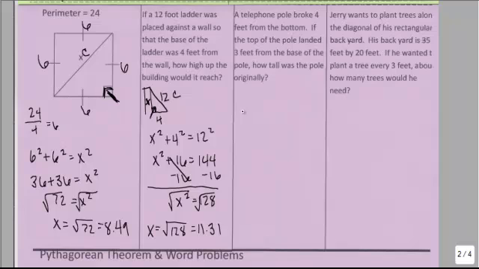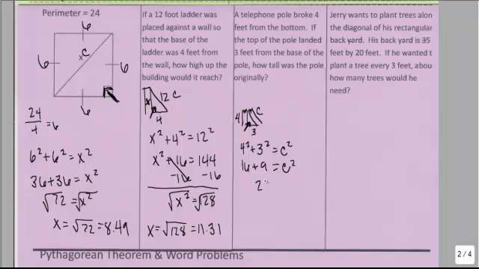The next one says a telephone pole broke 4 feet from the bottom. If the top of the pole landed 3 feet from the base, how tall was the pole originally? And this is my right angle, so this is my C. 4 squared plus 3 squared equals C squared. 16 plus 9 equals C squared.